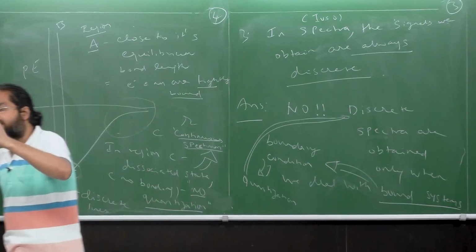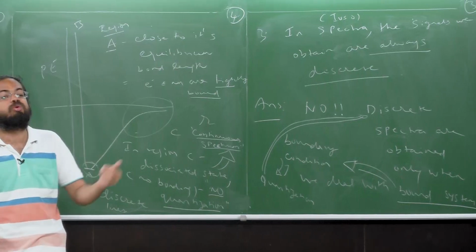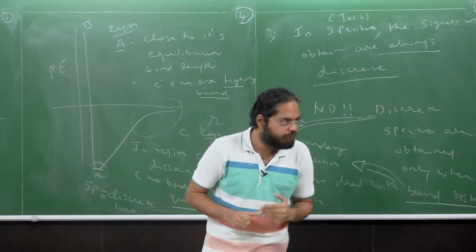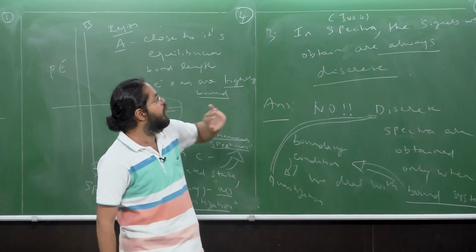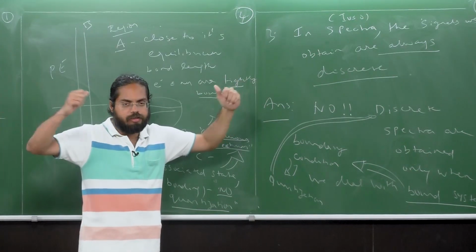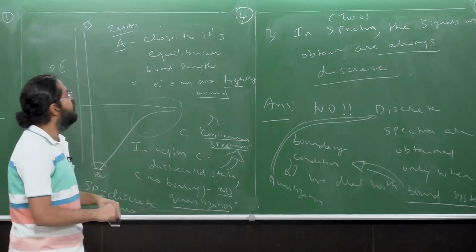From that we can get the molecular signatures corresponding to various transitions, through which we can deduce the structure of a molecule. So that is the logic behind this question, where we were discussing the discreteness and the continuous character of any spectrum obtained. We'll now move on to the next question.